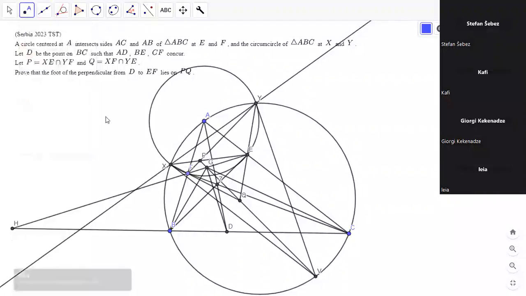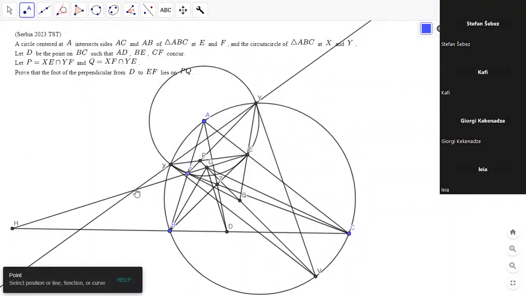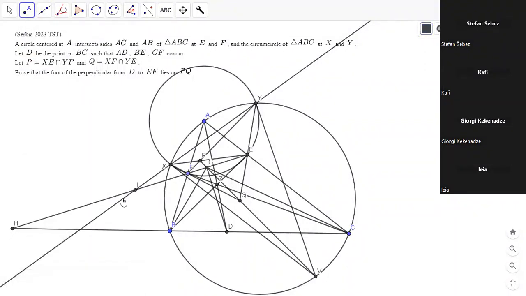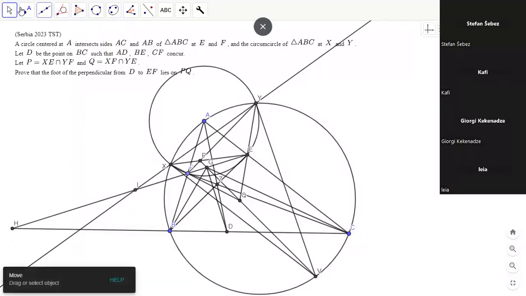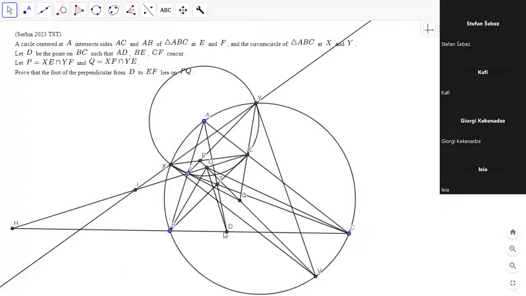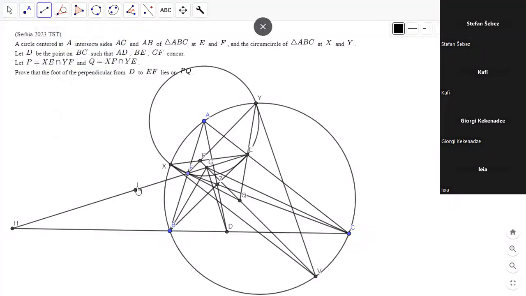So this one right here? Yes. All right. And we want to show G lies in the polar of I. You want to show G lies on the polar of I. Yes. And since this is perpendicular, okay, so let me use the pole and polar tool.